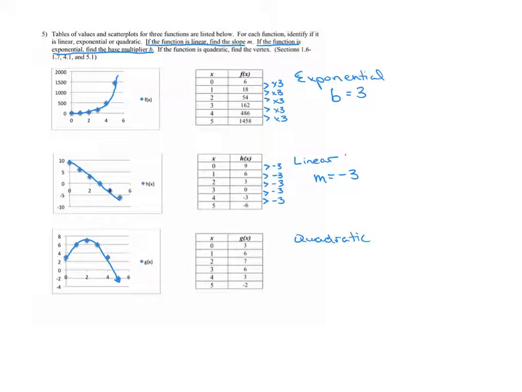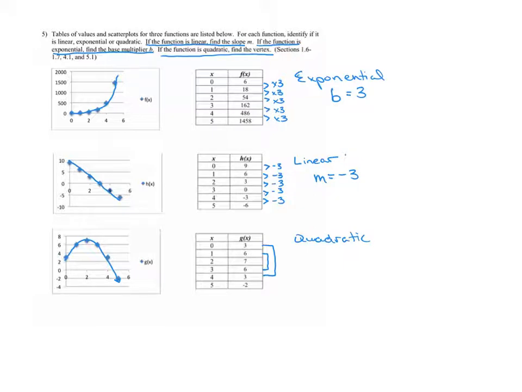And finally, if the function is quadratic, we want to find the vertex. When we look for the vertex, we are looking for the maximum point. For instance, on opposite sides of 2, 7, we have our symmetric points 1, 6, and 3, 6. We also have our symmetric points 0, 3, and 4, 3.